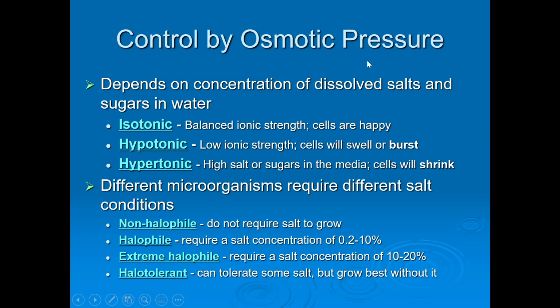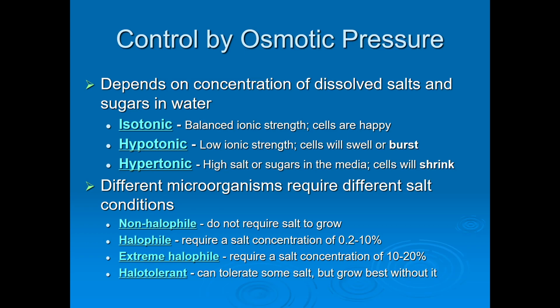These pressures are going to depend on the concentration of your dissolved salts and sugars in the water. So that's going to be your extracellular fluid. Compared to the inside of the cell, which is the intracellular fluid, that is going to create a concentration gradient between the inside and the outside, and that's going to affect the ionic strength as well.